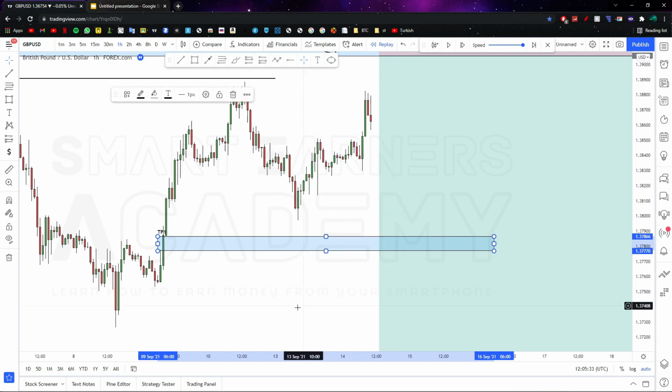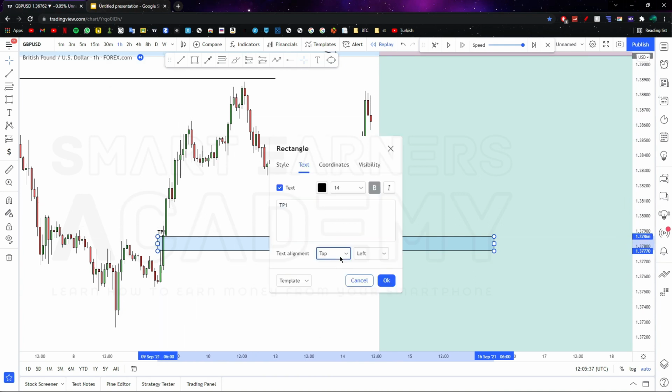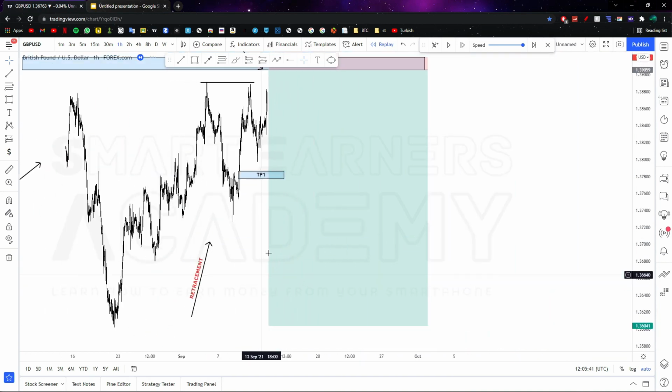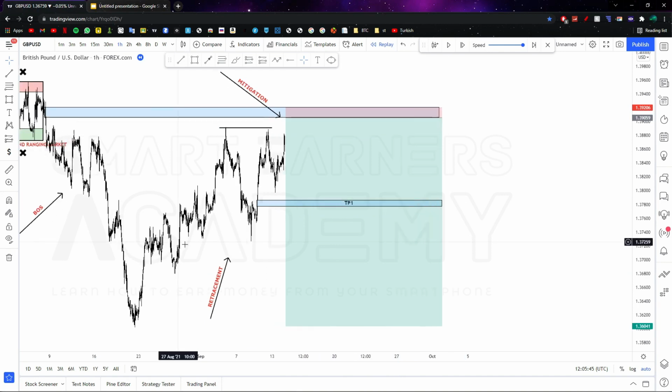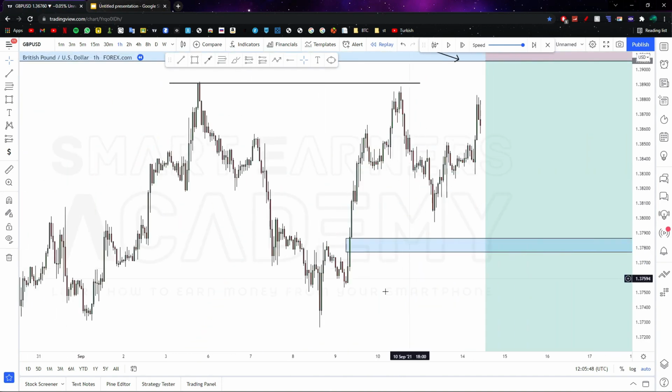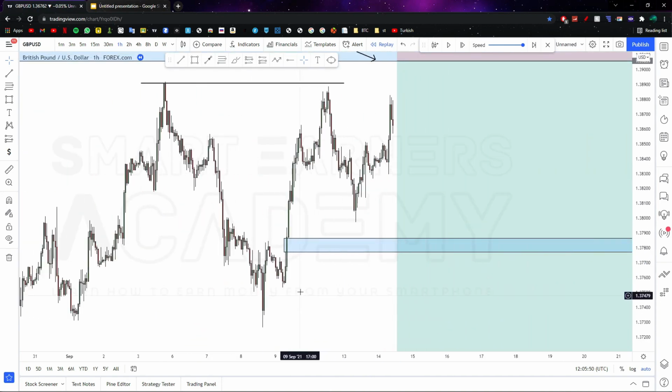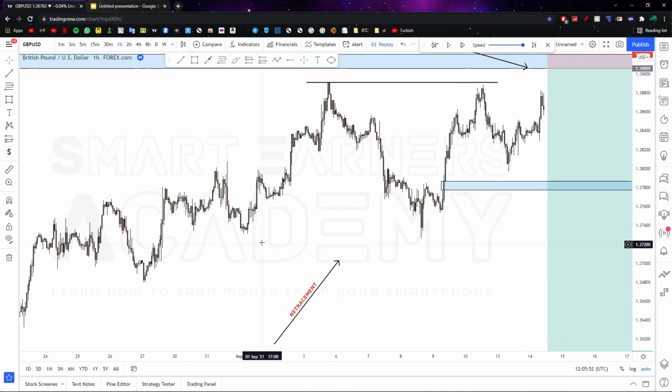TP1, right? Let me just put this inside and in the center. So this would be TP1, take partial 1, that's what that stands for. And depending on how many take partials we have, we're going to decide how we can split up our trade. So that would be take partial 1.